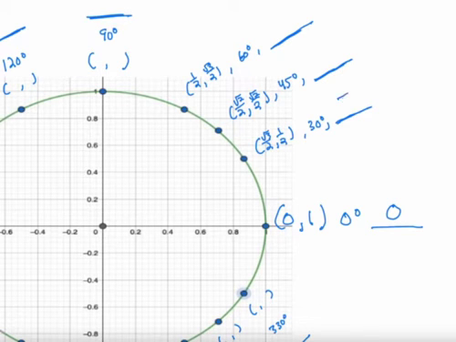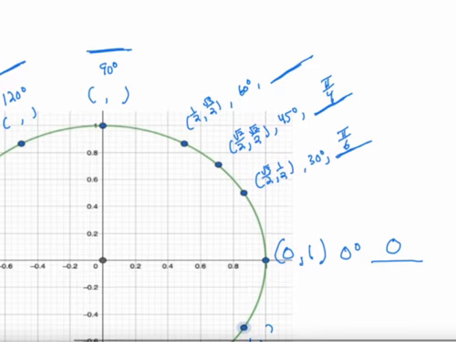We're going to go from 0 to pi over 6. 45 degrees is pi over 4 radians, 60 degrees is pi over 3, and 90 degrees is pi over 2. So that is the first quadrant of the unit circle, and actually I should fill this point in too. That one is easy because we can see it. Just make sure you understand where these are coming from.